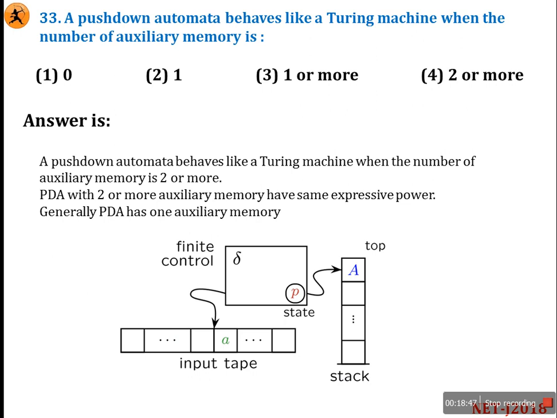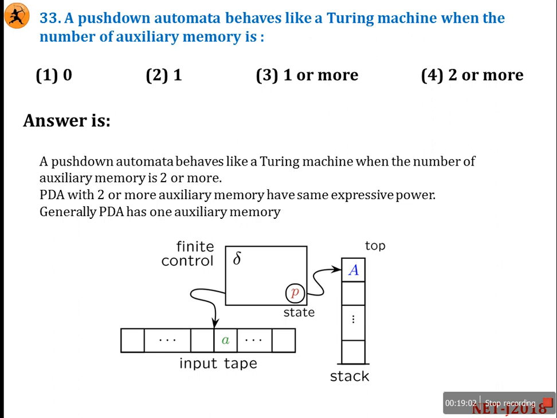To count that, you need to push into the stack, or to check whether the number of open brackets equals the number of close brackets in a program. To check that, use Pushdown automata in compiler design.